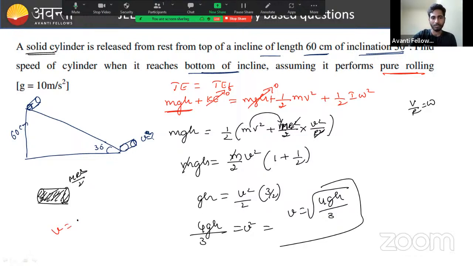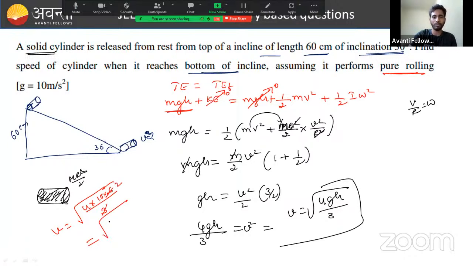v is equal to the square root of 4 into 10 into h, which is 0.6 meter, divided by 3. Under root of 0.6 into 10 means 6, 3 ones are 3, 3 twos are 6.